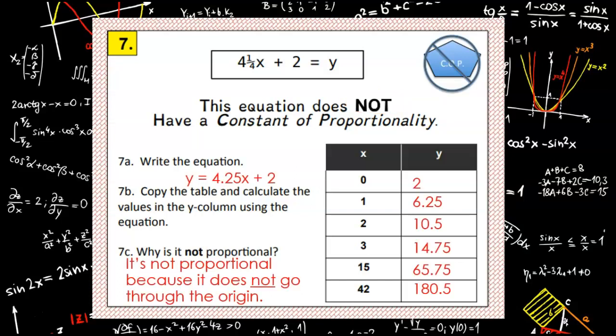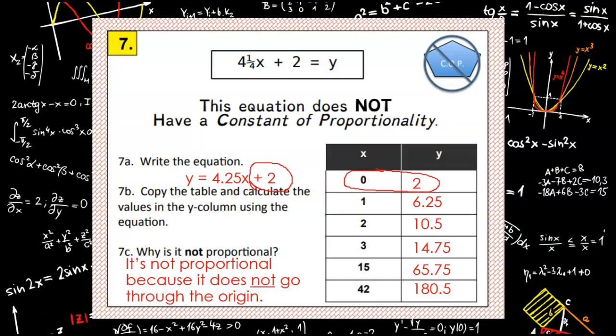Okay, so the equation is y is equal to 4.25x. I changed that 4 1/4 to a decimal, just much easier to work with equations, plus 2. So the table, 0, 2, we know that the 2 here is our y-intercept.